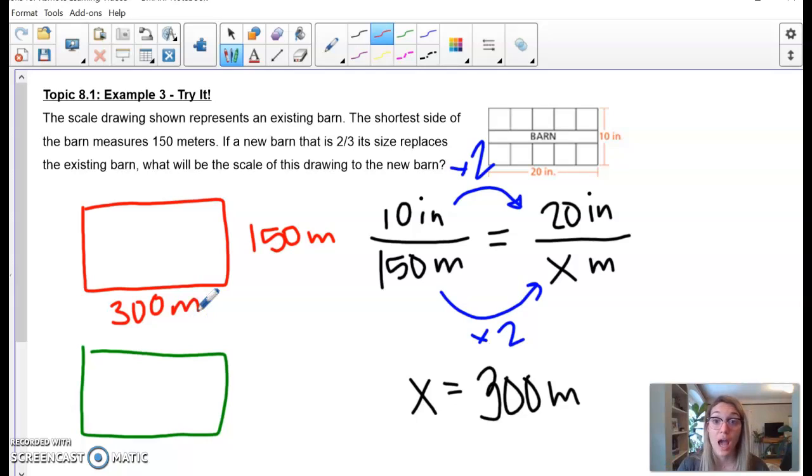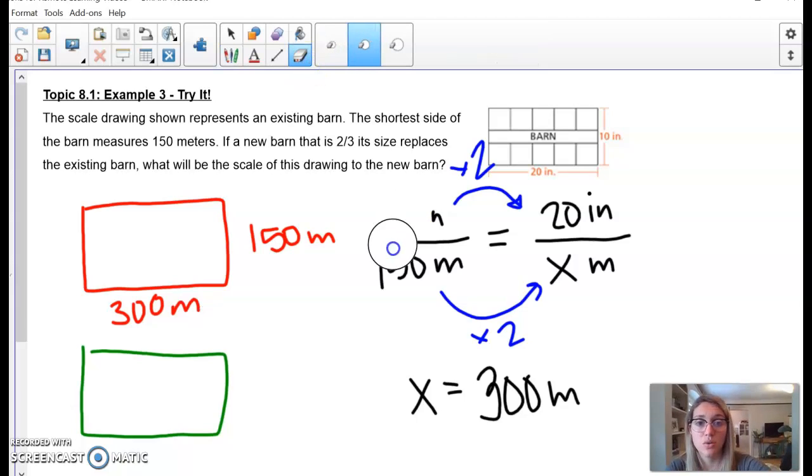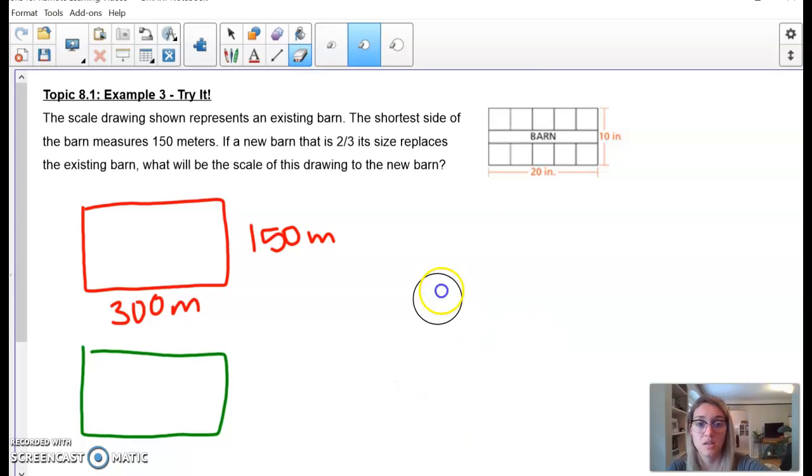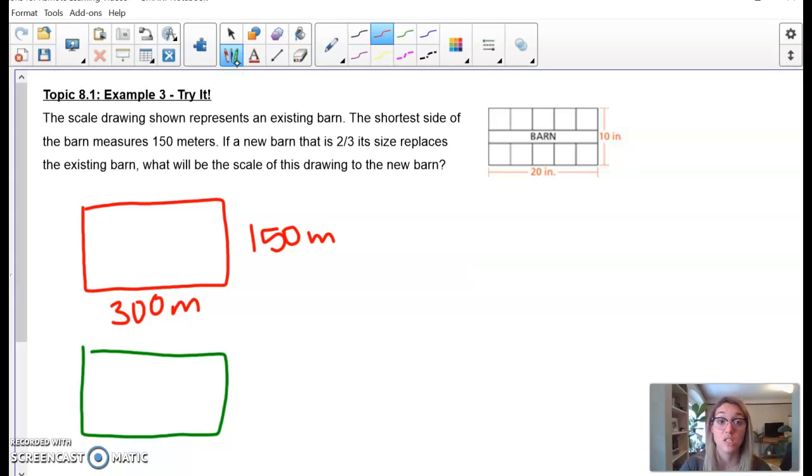Now, we're looking at this new barn, which is going to be 2/3 the size of the existing barn. Now, if something is 2/3 the size, it is not over 100% of the size, which means that this new barn should be smaller.